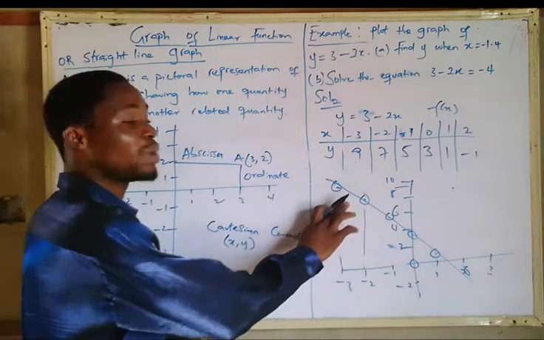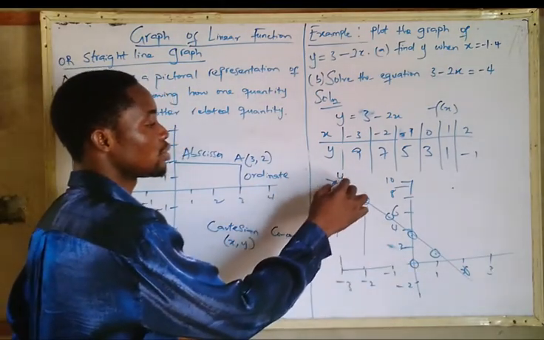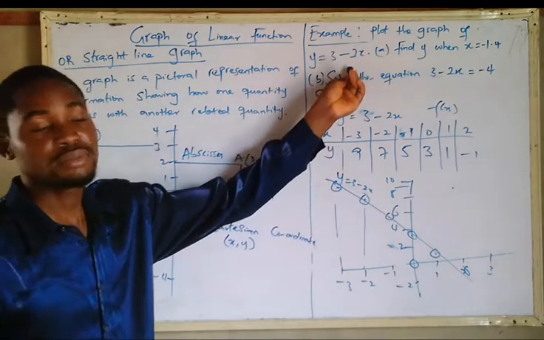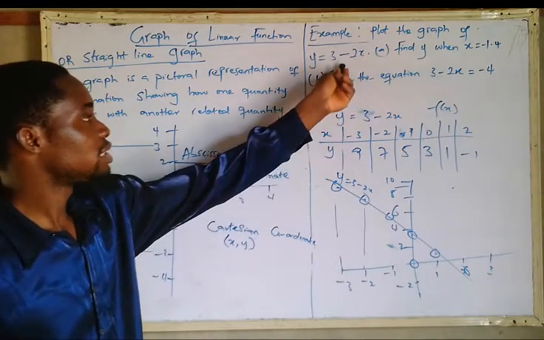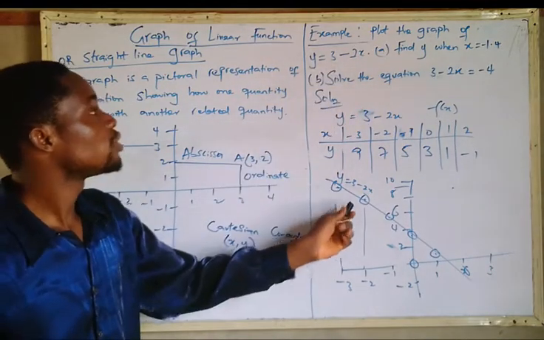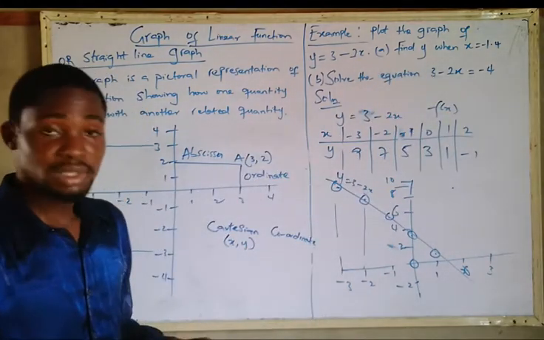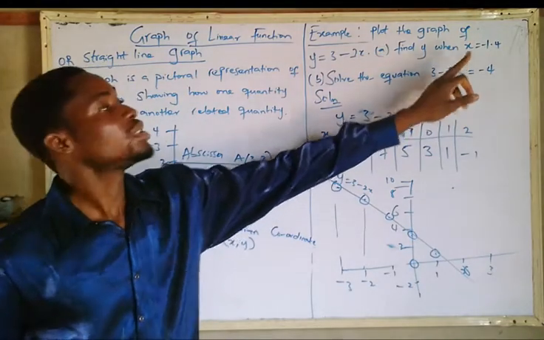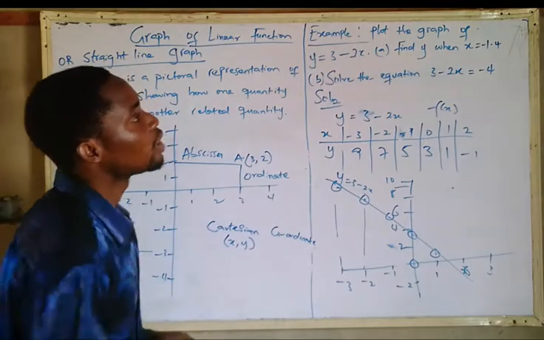This straight line graph represents y equals 3 minus 2x from this question, this function. That's the plot of this graph. Now, if the question says find y when x is minus 1.4, very simple. All you have to do is look for minus 1.4 on your graph, which is around this point, then trace it up to the straight line.